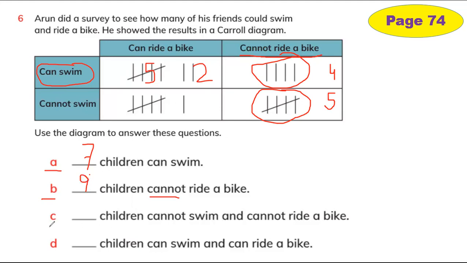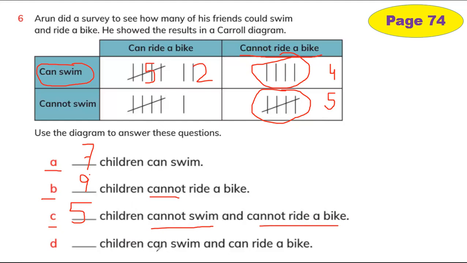So how many children cannot swim and cannot ride a bike? So you have to look for, here, cannot ride a bike and cannot swim. So how many are there? So the 5 children cannot swim and cannot ride a bike.